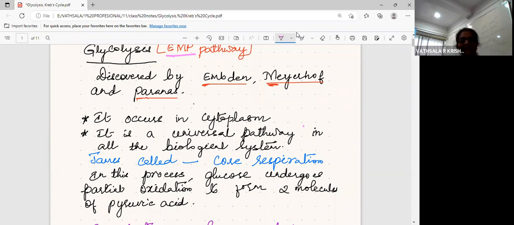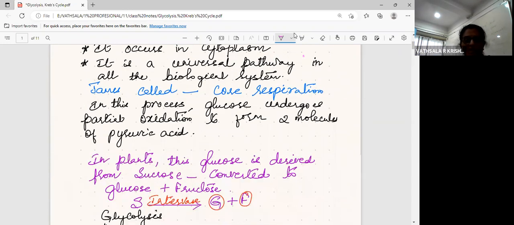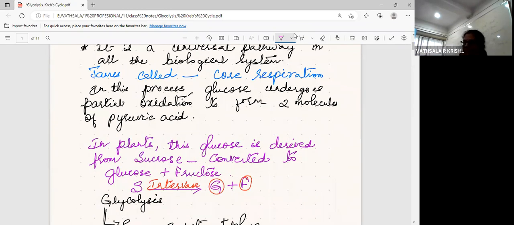Okay, so what happens in this process? Glucose undergoes partial oxidation to form two molecules of pyruvic acid. Partial oxidation means it doesn't oxidize completely; hydrogen is removed partially from C6H12O6.